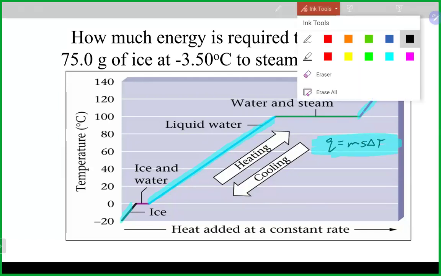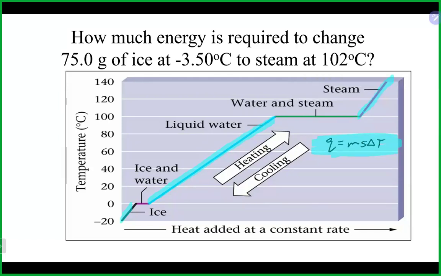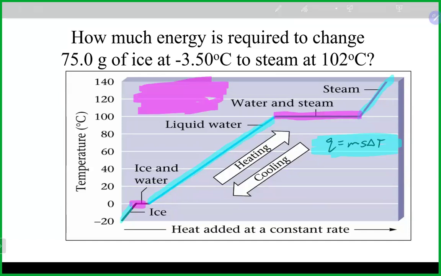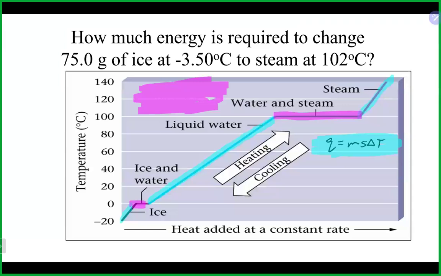Anytime you're transitioning, which should happen at the normal melting point or the normal boiling point, those are spots where you're going to use either your delta H of vaporization or your delta H of fusion.